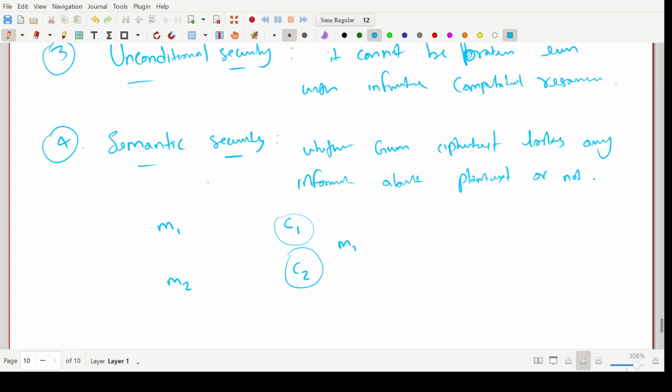If you are able to guess that, then it is not semantically secure. But if you are not able to guess by looking at the ciphertext which one is the encryption of the message M1, then it is semantically secure. All deterministic crypto systems are not semantically secure, because in a deterministic crypto system, if I encrypt this message M1, I will always get the same ciphertext.